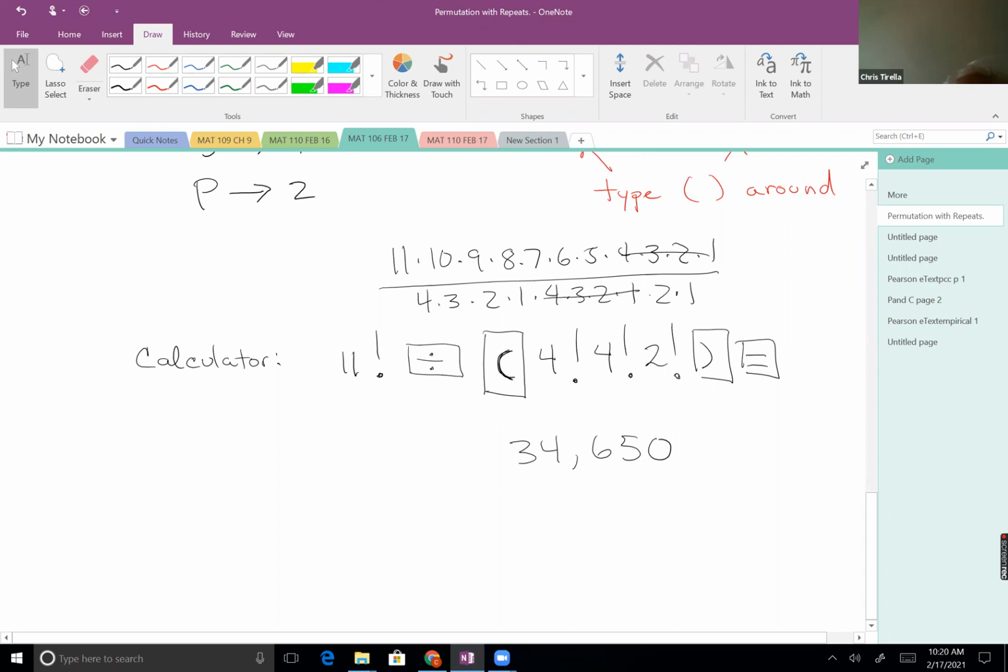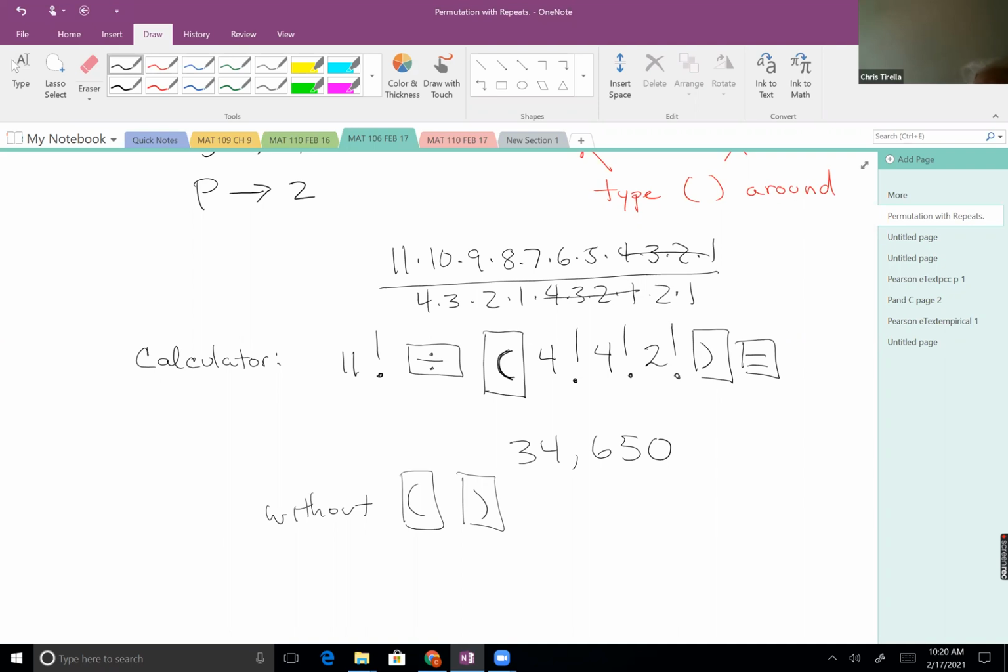If you type that in without the parentheses, you get a much bigger number, don't you? Something like 79,833,600.